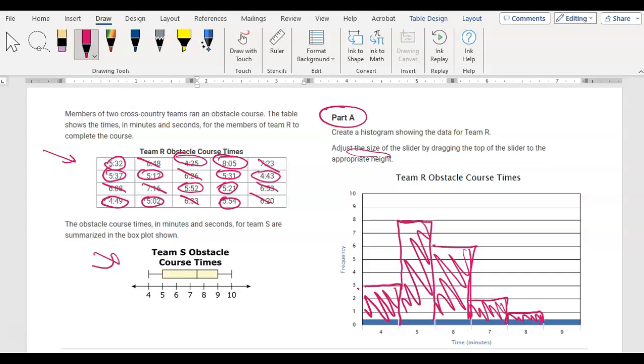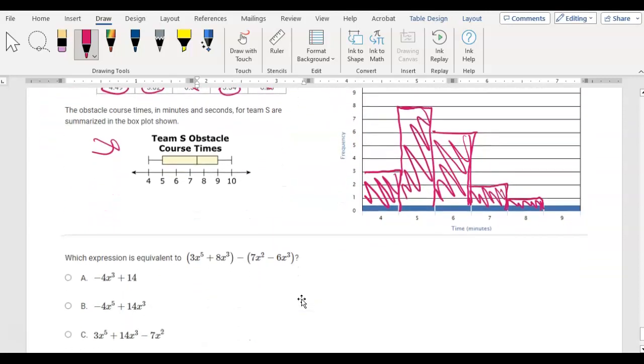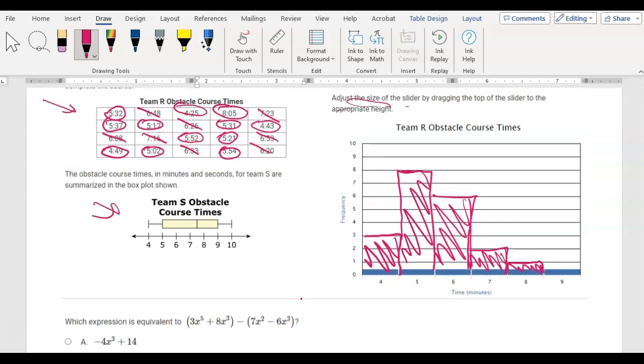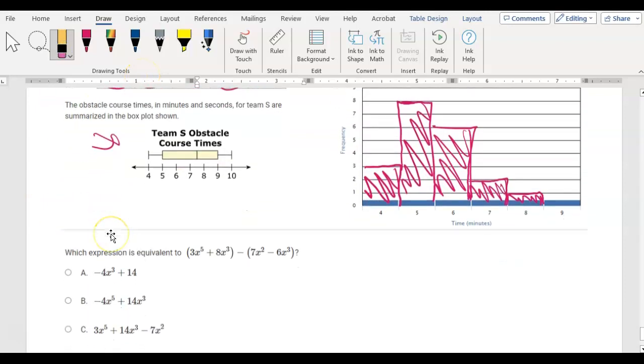So we'd fill it in looking like that. That's how you would use this to create your chart and create the histogram for that. And that, again, is a tech-enhanced question where you're dragging things up and down on the computer screen for this question.